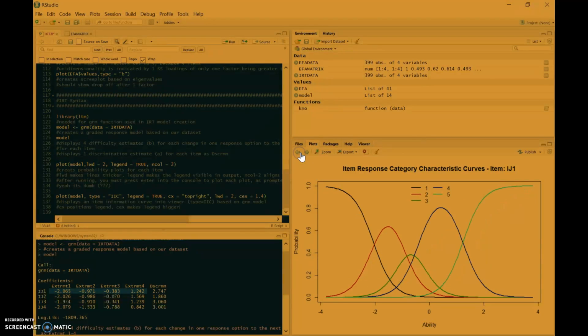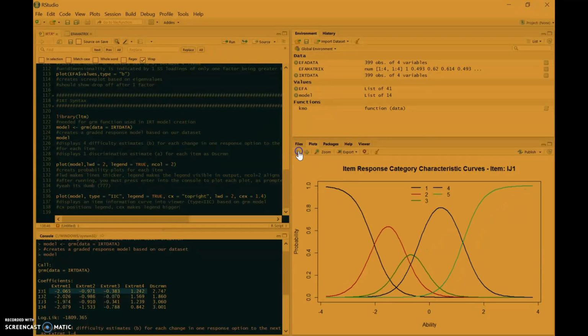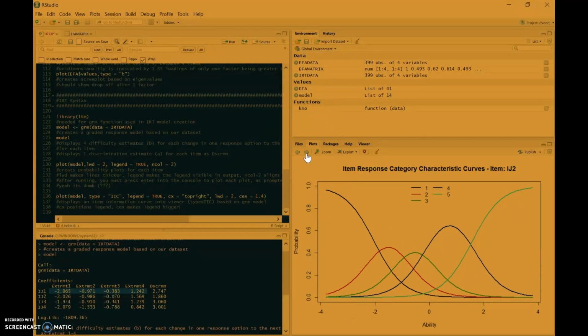So I'm just going to flip back. See how much steeper that is compared to all this area that previously wasn't in there. Anyway, that's kind of it.